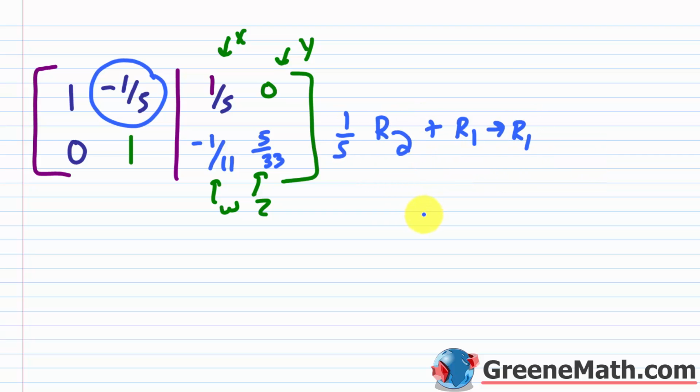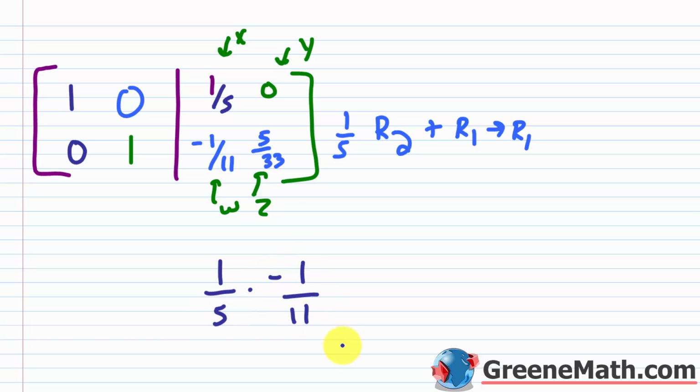Slide that over here. All right, so 1/5 times 0 is 0. Don't have to do anything with that. 1/5 times 1 is 1/5. 1/5 plus negative 1/5 is 0. All right, so now I'm going to do 1/5 times this negative 1 over 11. Okay, so that's going to give me negative 1 over 55.